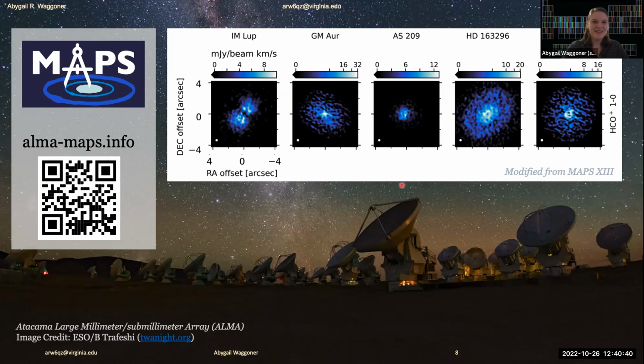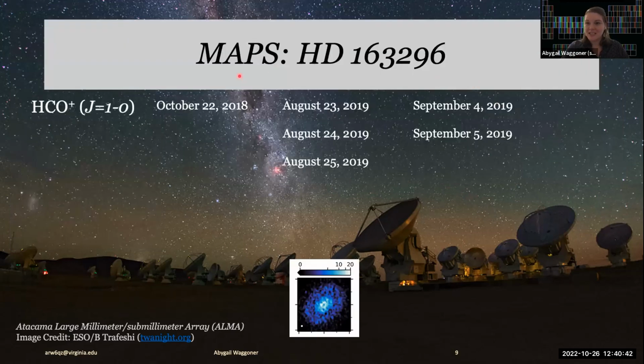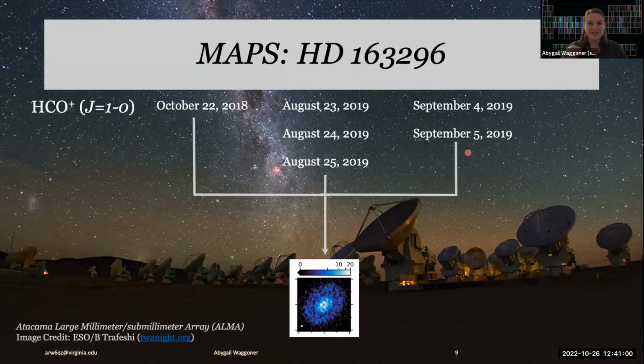So what they did is they actually observed each disk multiple times over the course of a little under a year. So this is the disk HD 163296, which they observed 6 different times between October 2018 and September 2019. And they combined all of these observations to create a single fabulous image.